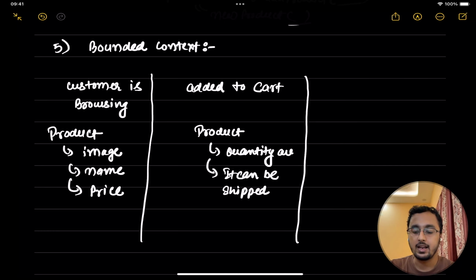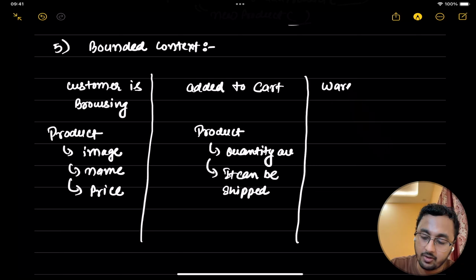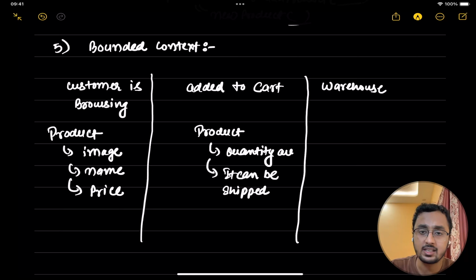Now, when this is added to cart, now I'll put one other line here. And in case of, let's say, a warehouse, where I was talking about the place where the actual product is stored, in case of a warehouse, product is something which is kept on a shelf. That's it, right?